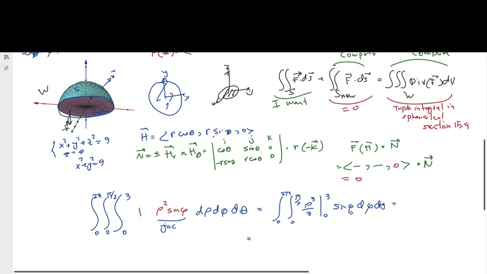So I have 9 sine of phi. Let's take the integral from 0 to pi half, d phi d theta from 0 to 2 pi, and that gives me negative 9 cosine of phi from 0 to pi half, and the integral from 0 to 2 pi of d theta.